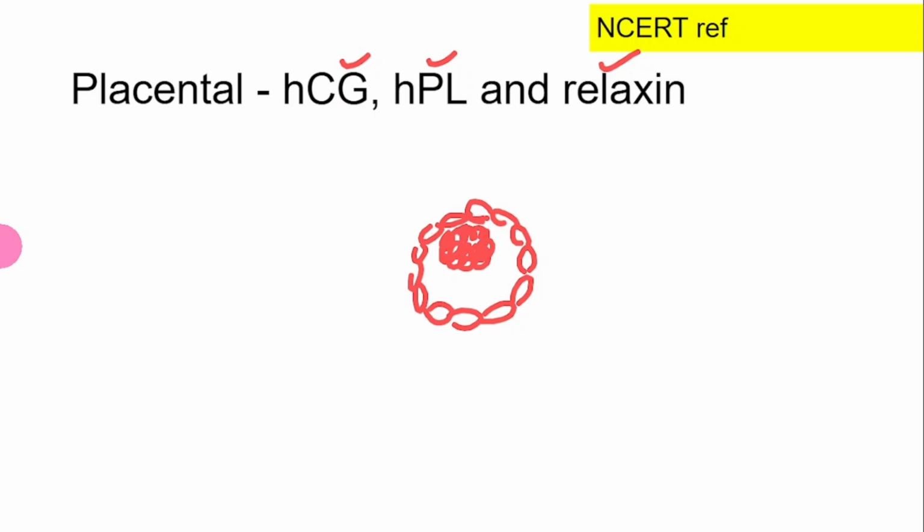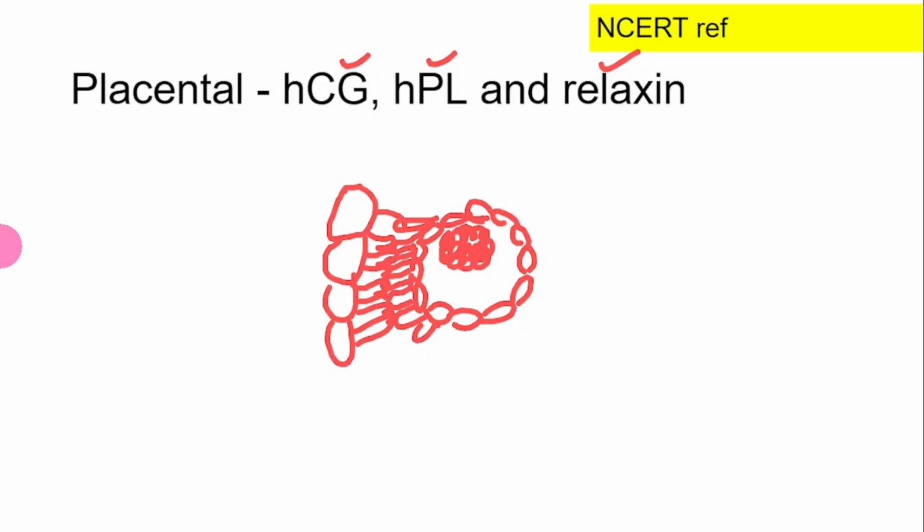The trophoblast cells will develop chorionic villi, which are extensions of the trophoblast. And here are the cells of the uterus. The two will interdigitate and merge into one another, and finally the structure which is formed is called the placenta.